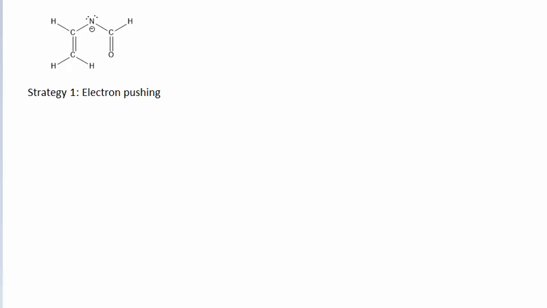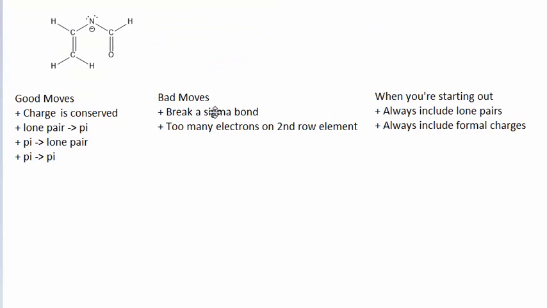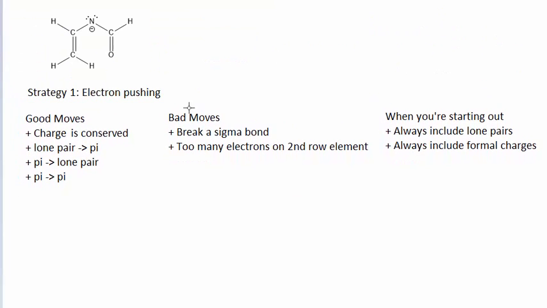When you're talking about resonance, the moves you can make are, first of all, when going between resonance structures, you need to conserve charge. So if this resonance structure here is negatively charged, any resonance structure we form afterwards must also be negatively charged. You need charge conservation. These are the 3 general arrow pushings that you'll do when you push electrons. This is what you'll look for.